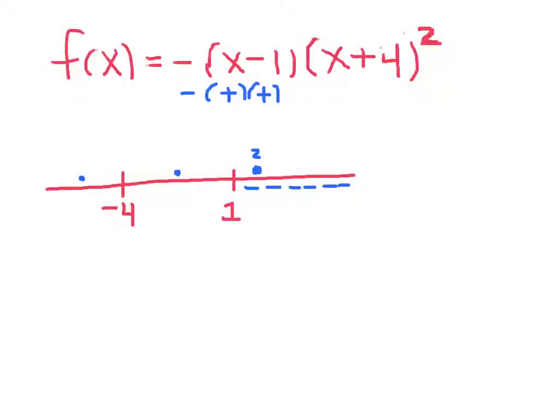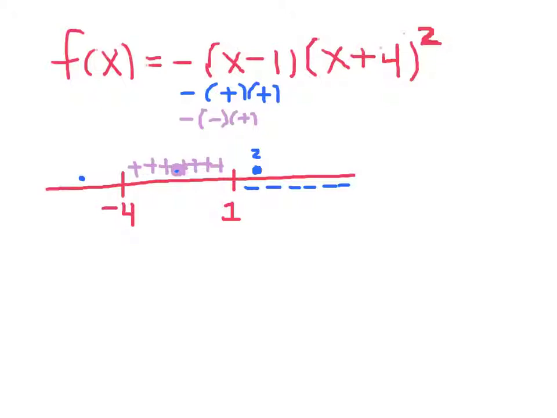And if I were to, let's say, change colors because it's fun and pick 0 to represent this number, and if I were to put 0 into the equation, I would get a negative times a negative times a positive. So that comes out positive. So all of these numbers would come out positive. So the graph would be positive in this area. And changing colors for fun again.